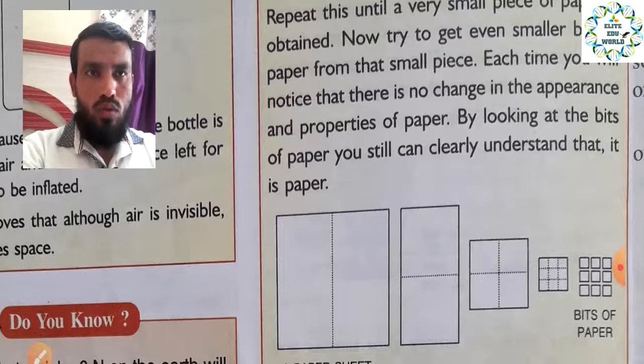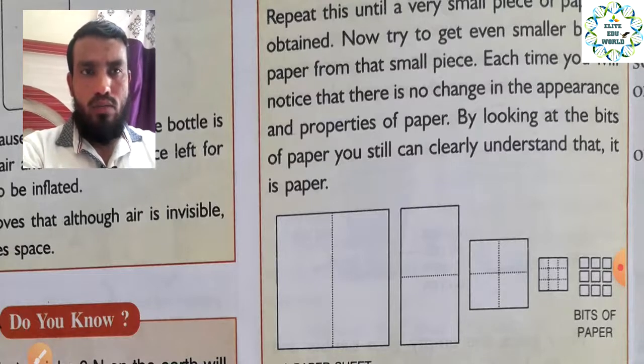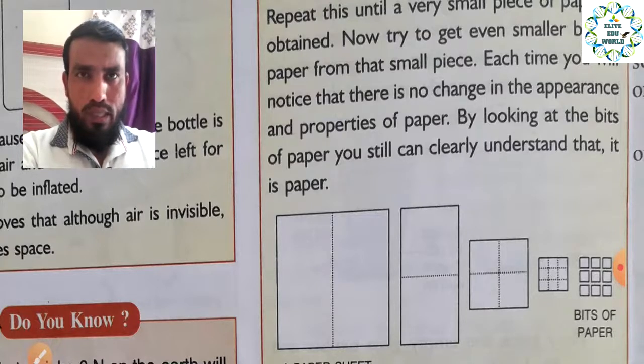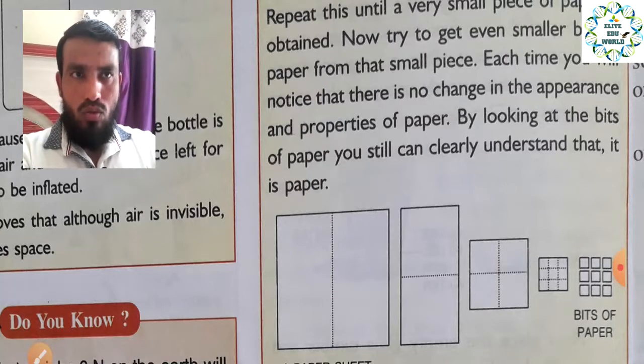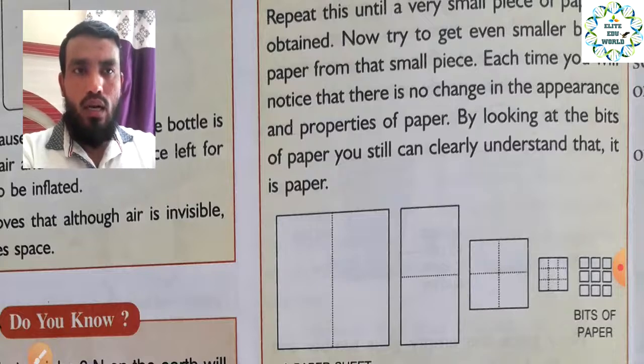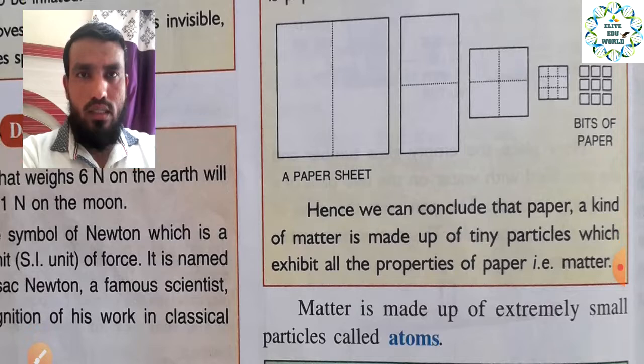But notice that by looking at the bits of paper you can still clearly say that it's paper. It's not changing its composition, it's not changing its characteristics. Even the smallest bits, you can clearly say they are bits of paper, because it's not changing its characteristics.